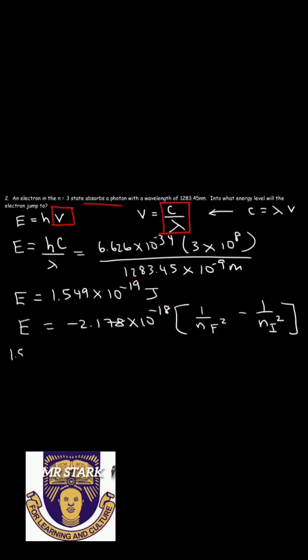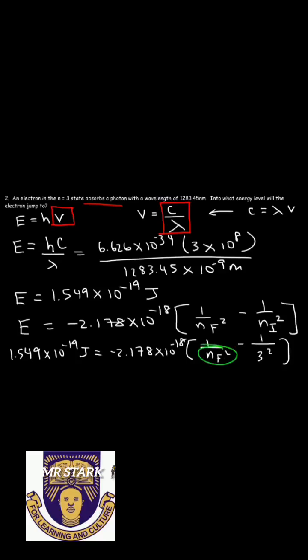So 1.549 times 10 to the negative 19, and that's a joule symbol, is equal to this number multiplied by 1 over n final squared minus 1 over n initial squared, which n initial is 3. So all we got to do at this point is we need to solve for the missing variable. So I'm going to walk you through this step by step.